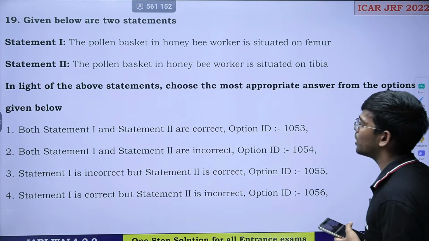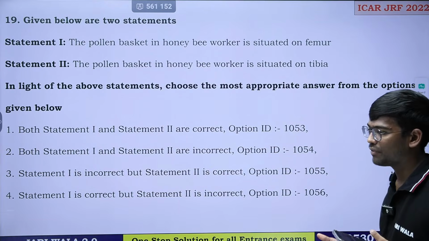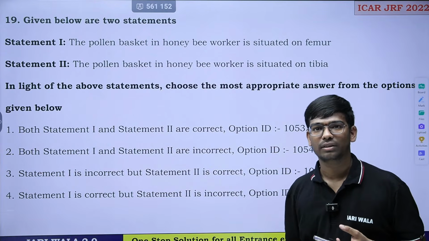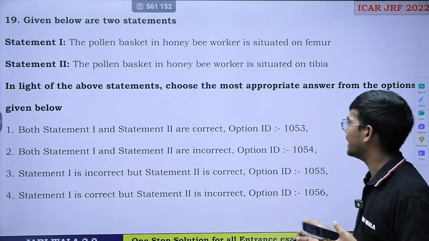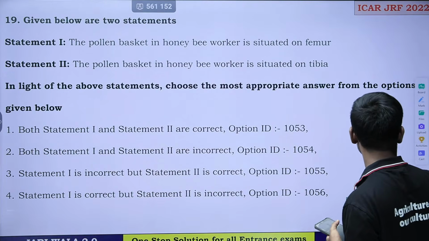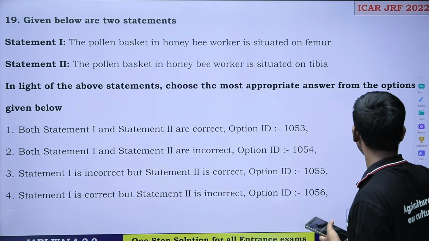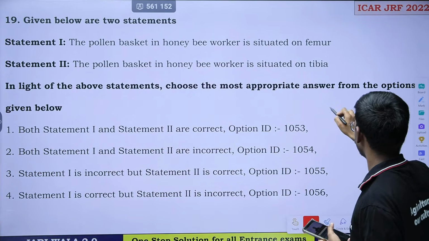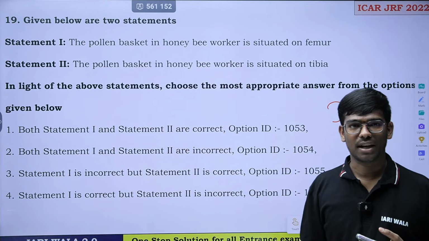So coming to the pollen basket, in the leg we have 5 different parts: coxa, trochanter, femur, tibia, tarsi, you all know. And specifically on the tibia, there is one groove-like structure, and that groove acts as a pollen basket.